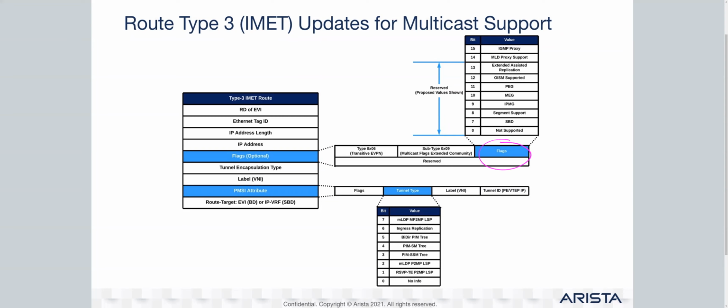If the VTEP supports EVPN multicast capabilities for the bridge domain, or maybe the VRF, which we'll dive into in a minute, it will set the appropriate multicast flags in the extended communities field of the IMET route. For example, it may say, hey, I support the IGMP proxy route or the SMET route, which we'll dive into. But it's also going to say, okay, for BUL traffic in this bridge domain, how do we want to handle that?